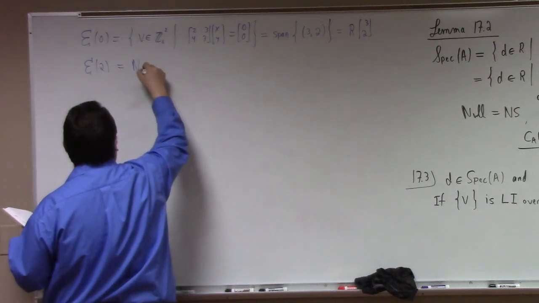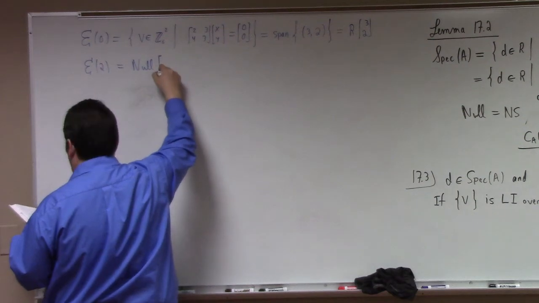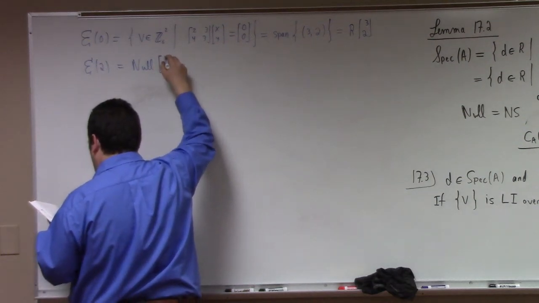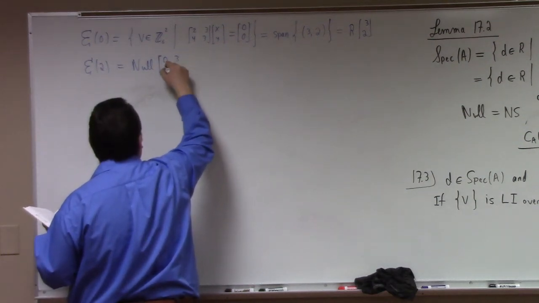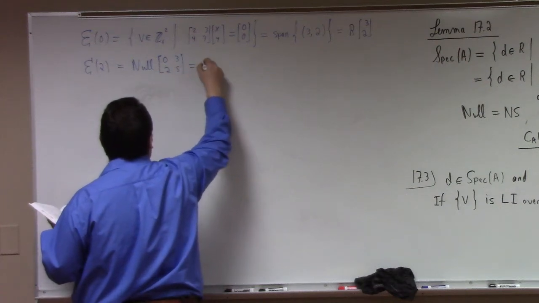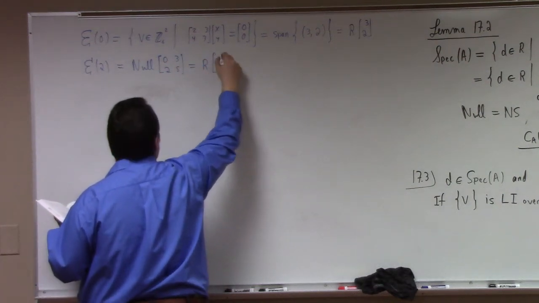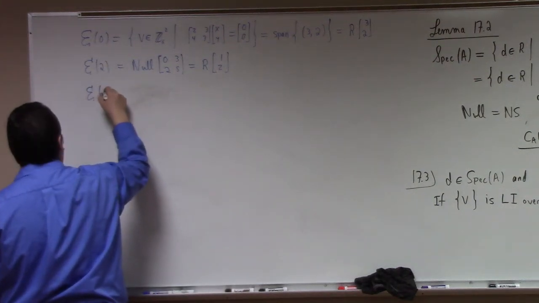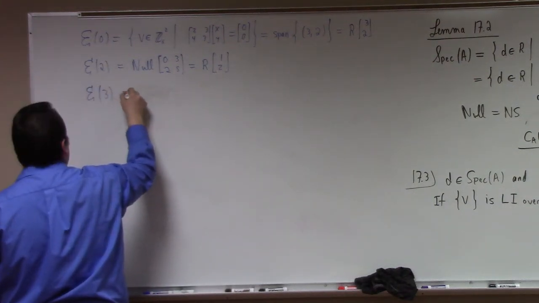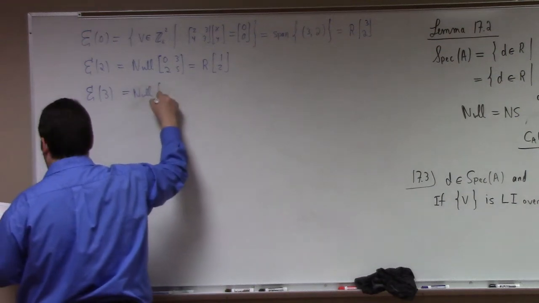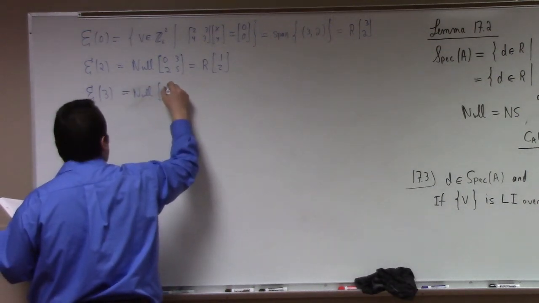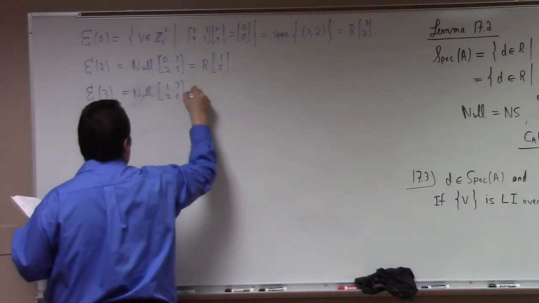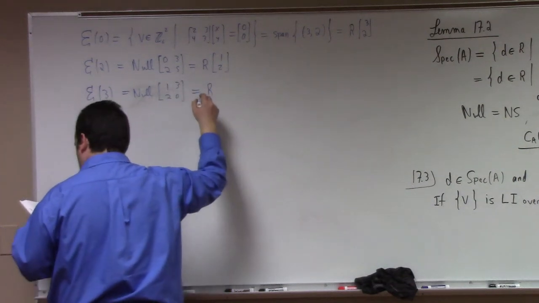It's the null space of 0, 3, 2, 5, which, by the way, is R times (1, 2). The eigenspace of the other root 3 is the null space of 1, 3, 2, 0, which, by the way, is the span of the (3, 1) vector.